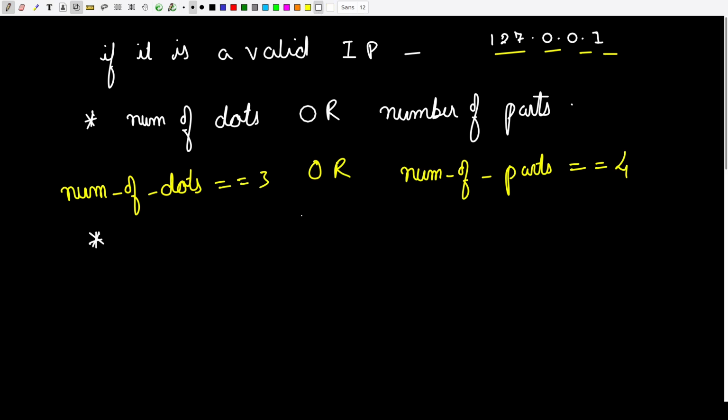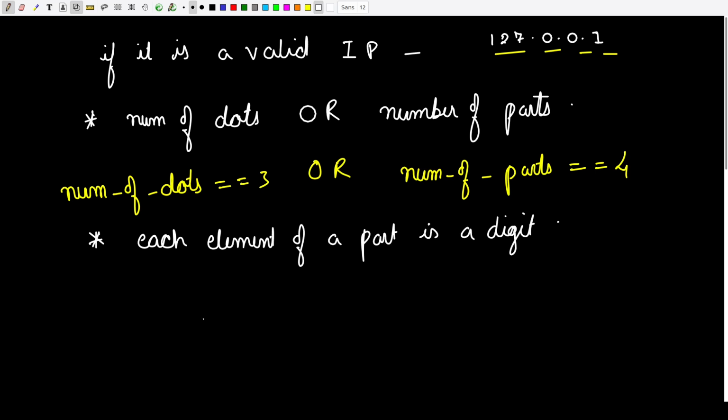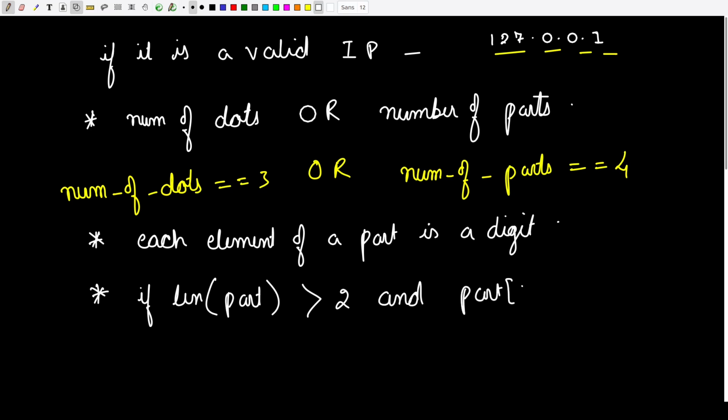After checking this, we are going to check within each part, each element of a part is a digit. If this is not a digit, then we are going to return false. Then we are going to check if len of part is greater than 2 and part 0 starts with 0.